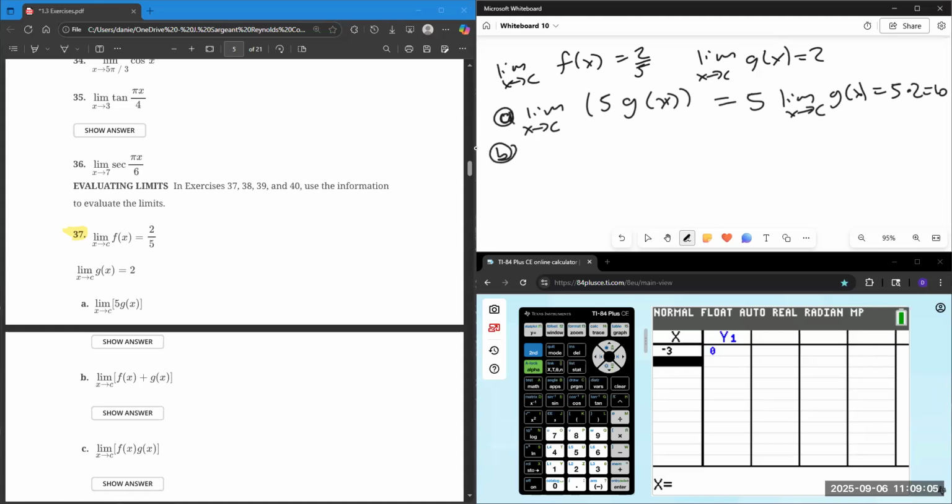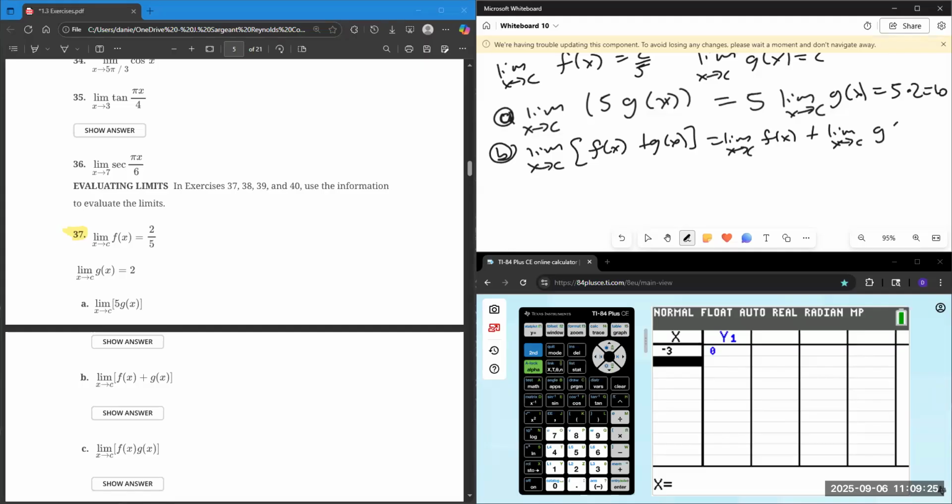For part B, limit as x approaches c of f of x plus g of x is limit as x approaches c of f of x plus limit as x approaches c of g of x, is going to be 2/5 plus 2 is 12/5.